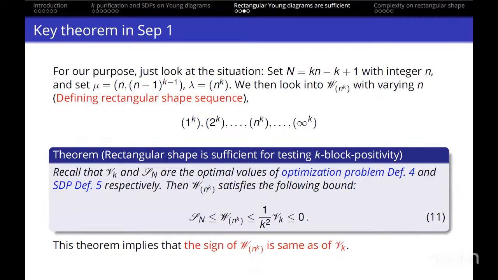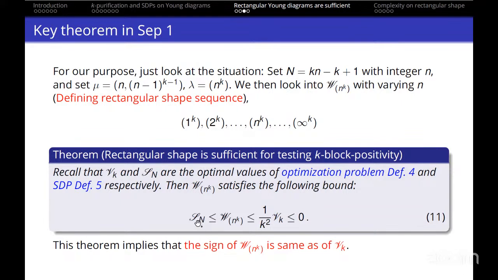I will show you. And then for our purpose, we just look at the Young diagram from a family of rectangular Young diagrams with K rows. And then I will show you that there is a theorem that ensures that we can define all SDP from this family.